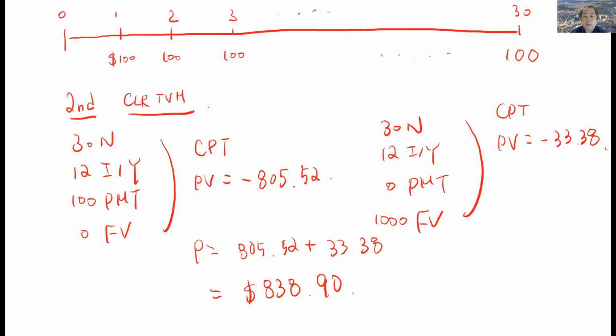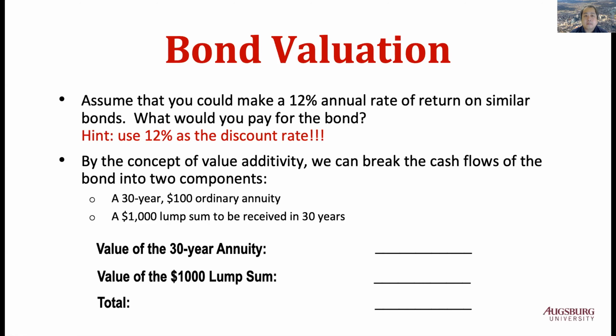It means that the price of this bond should be $838.90. Again, value of the 30-year annuity, $805.52. Value of the $1,000 lump sum, $33.38. Total, $838.90.